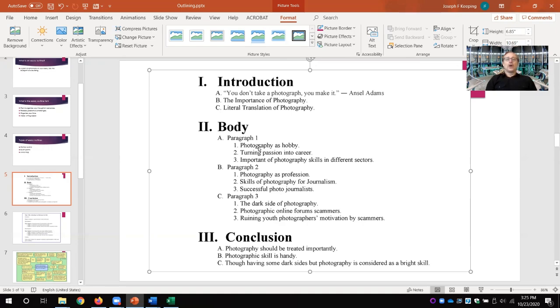Now, it's not necessary to do a formal outline of this kind. The approach that I'm going to be showing you will be more of a rough outline, which when you're finished, you can turn into a formal outline like this, but it's probably not necessary to. Now, there are other ways to do outlines.